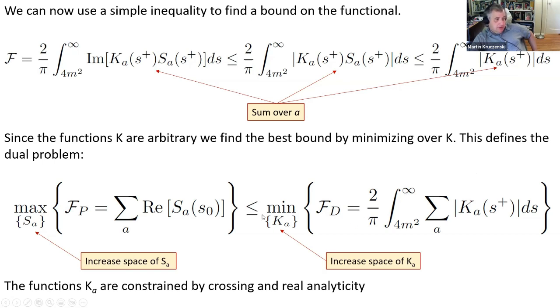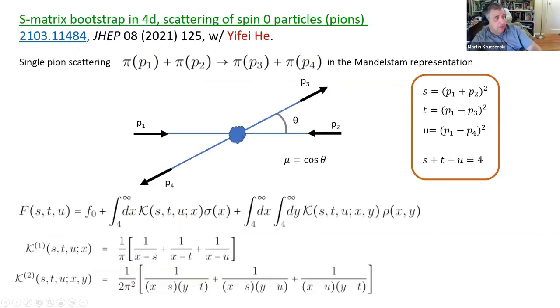And there is a theorem that says that these two are equal, so I can put a lot of functions K_a here. And with some clever ansatz, I can try to find the minimum. And in that way, I can map the allowed space of S matrices, because I can find the largest value that different functions have, and that maps the boundary. And that's how we did those plots that I showed before.